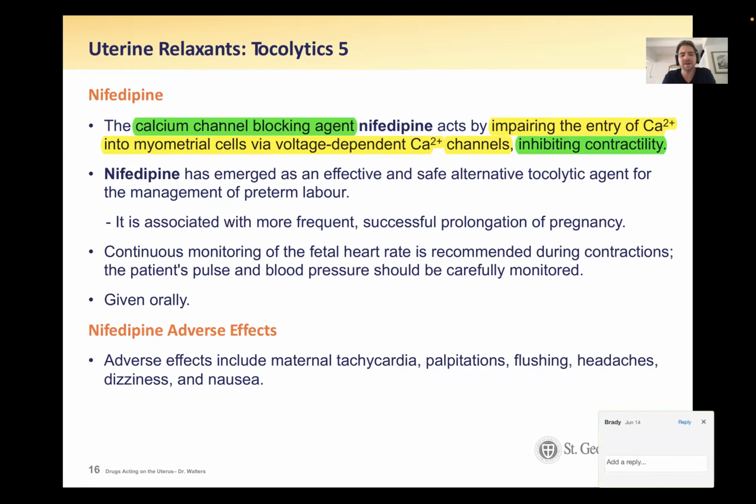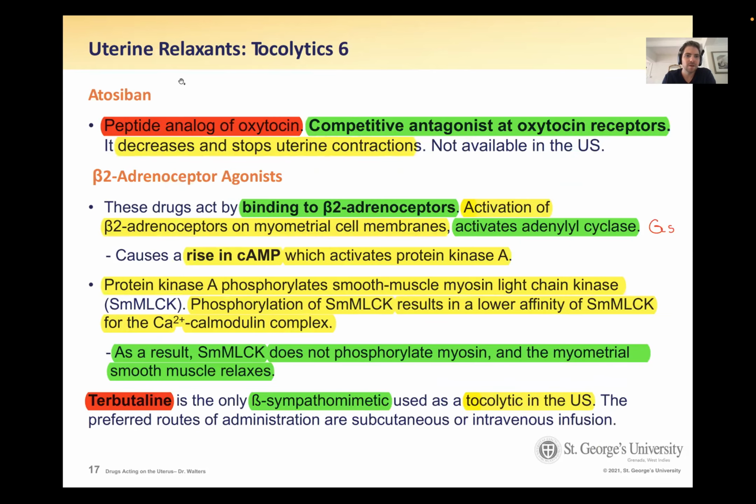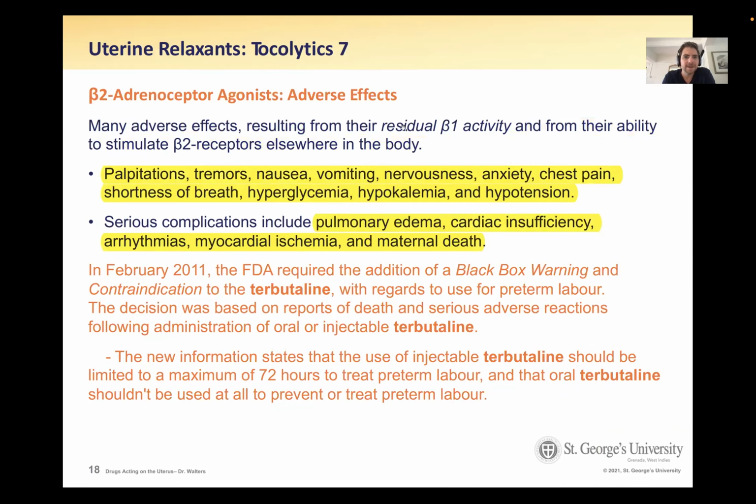Nifedipine is a calcium channel blocker, and it can work as well. Some of these other ones, I don't know that they came up: oxytocin analogs, terbutaline as well, a tocolytic, let's say low yield.